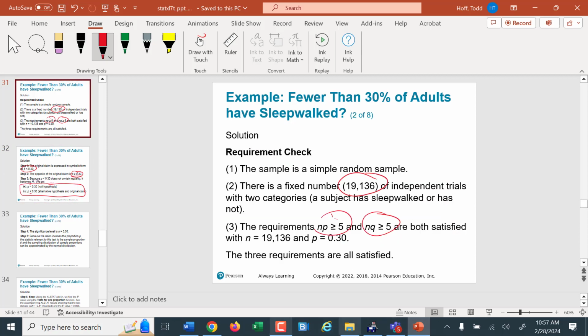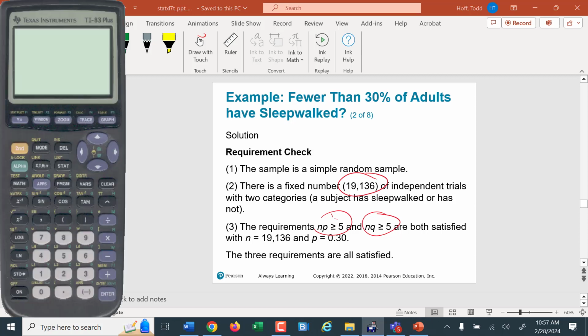So let's go to my calculator. I'm just using this as a regular calculator here. 19,136 times 0.292 gives us 5,587.7. So we're going to have to round that up to 5,588 successes.